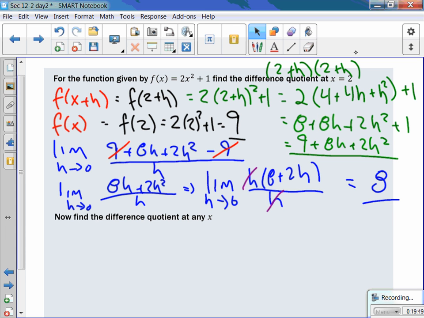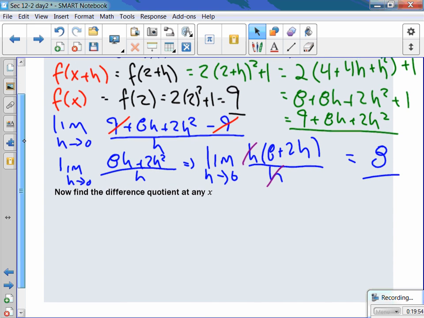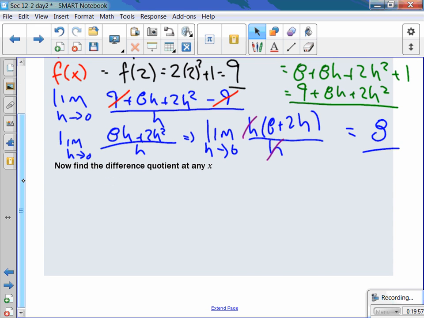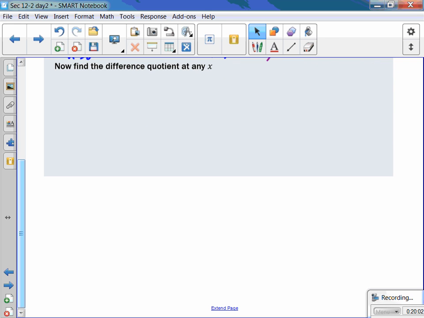The second part of this problem asks us to find the difference quotient for any x. And we did it for x equals 2. So to find the difference quotient for any x, I'm not looking at 2 plus h, I'm not looking at x equals 2, I'm looking at x plus h and x. So I need to know what f of x is. Sure enough, we know what it is, 2x squared plus 1.